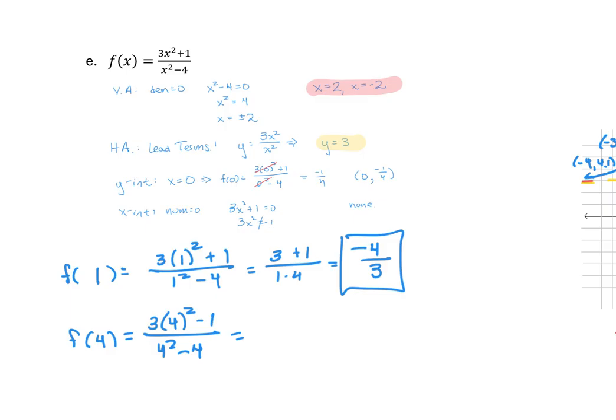If we square 4, we get 16 times 3 is 48 minus 1. And we get on the bottom 16 squared minus 4. Now if we simplify this, we get 47 over 12. This does not simplify any further. If we could divide by a common factor, we should. But we can't, and so we're going to leave it just like that.